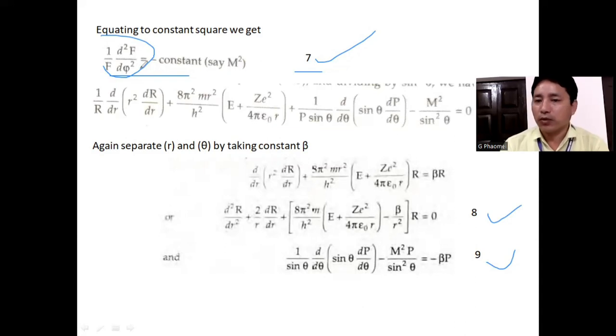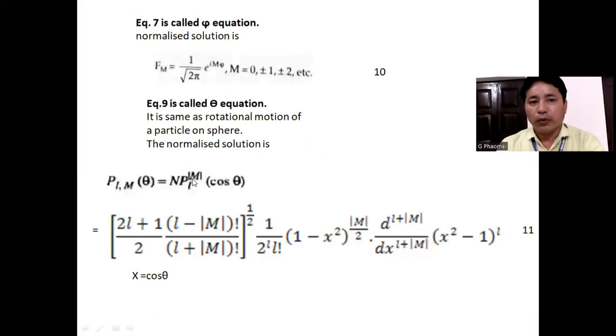That means the first one is only phi, the second one is only r, and the third one is only theta. Sometimes we call it the radial equation, because it depends on the radius, or the r equation, or this is called the theta equation, and this is called the phi equation. So if we move on, the equation number 7 will have three acceptable solutions.